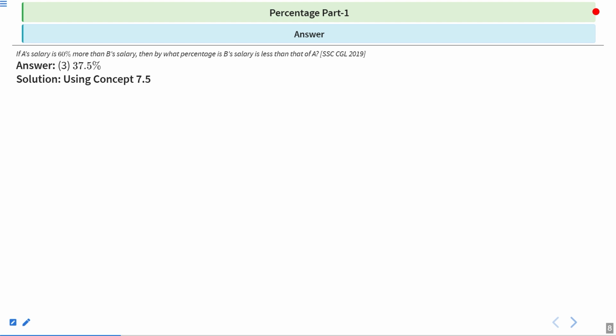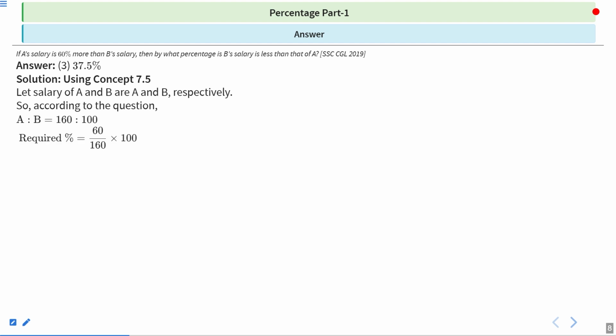Using concept 7.5 in this question, let the salaries of A and B be A and B respectively. According to the question, A ratio B will become 160 ratio 100, because if we let B's salary be 100, A's salary will become 160, because A's salary is 60% more than B's salary.